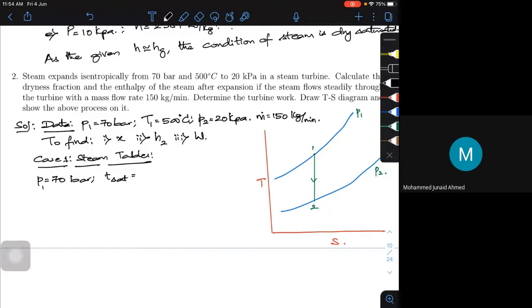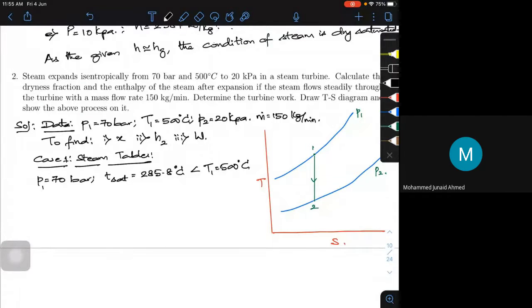What is my saturation temperature, Tsat? It should be in and around 270 or 280, it can't be 500. It is 285.88 degrees Celsius, which is less than the given value of T1 equal to 500 degrees Celsius.